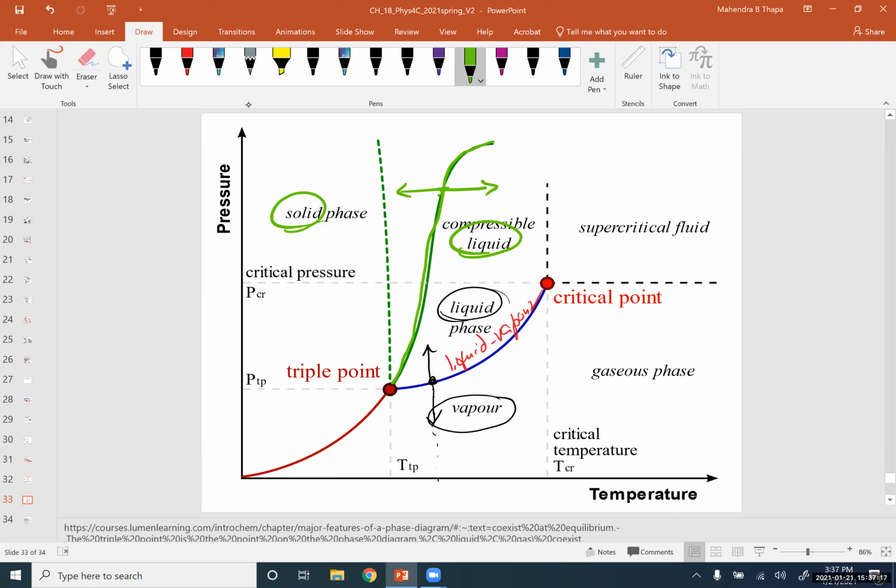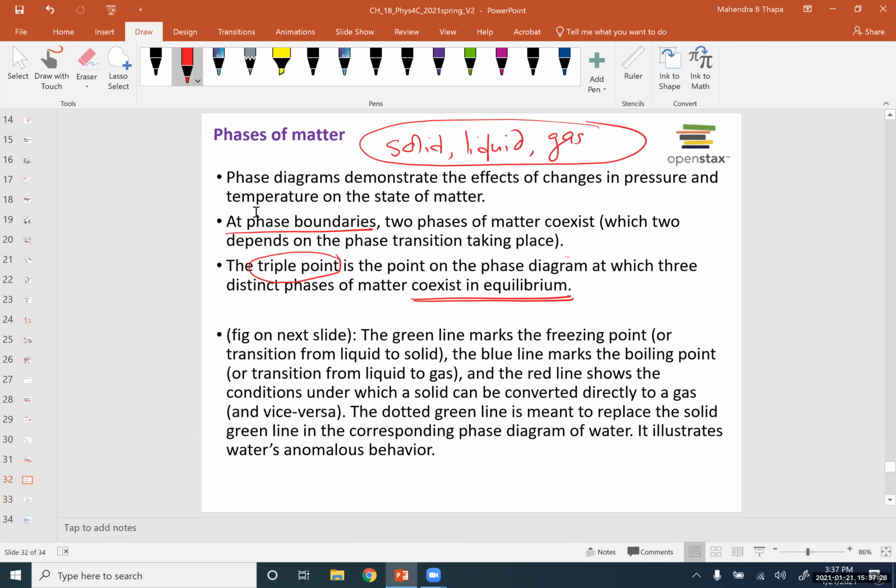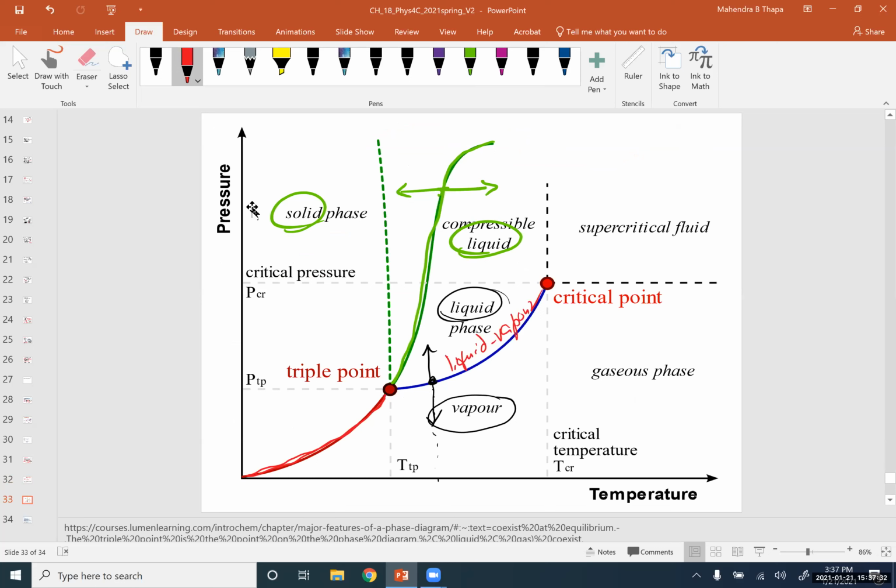And the other part we have here is also what we call a phase boundary. If you go upward from this point, then we are in the solid phase.